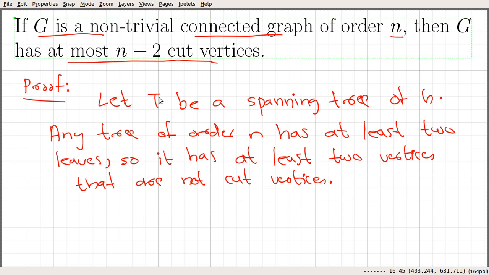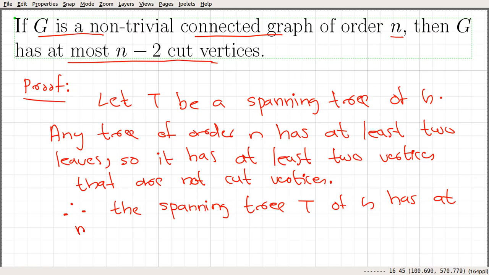Let's look into the spanning tree T of G. G has n vertices, and at least 2 of those vertices are leaf vertices, and leaf vertices are not cut vertices.